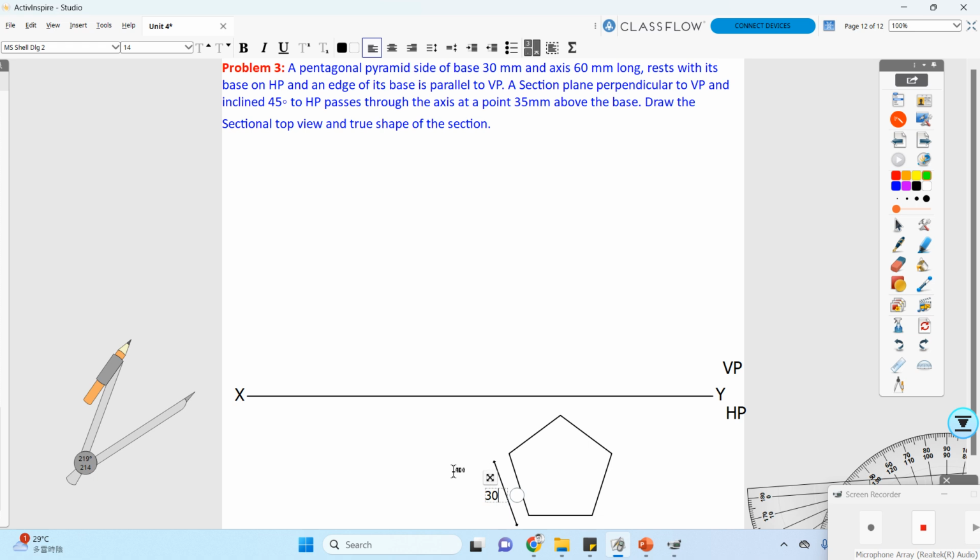So when I mark this one, I can understand the base is 30 mm.